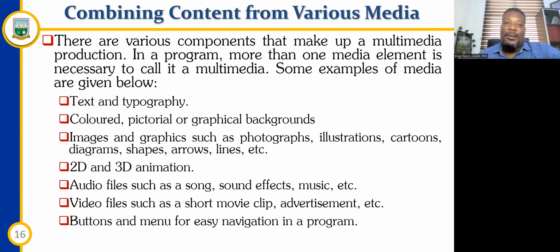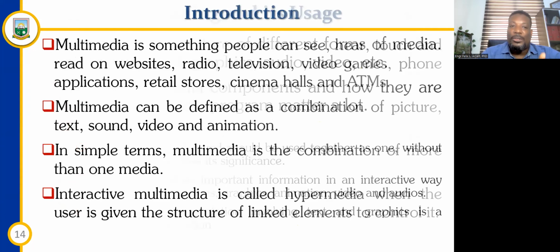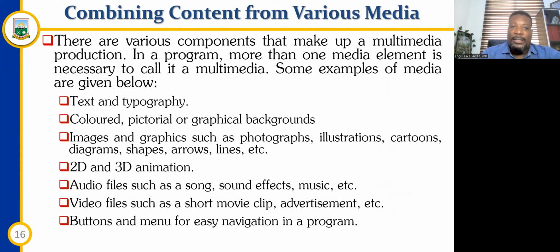So generally, there are various components that make up a multimedia production. We are combining content from various media. From the previous one, we talked about the media and its usage, and the introduction. So moving on, we are on the combination of these contents from various media coming together to form the multimedia.